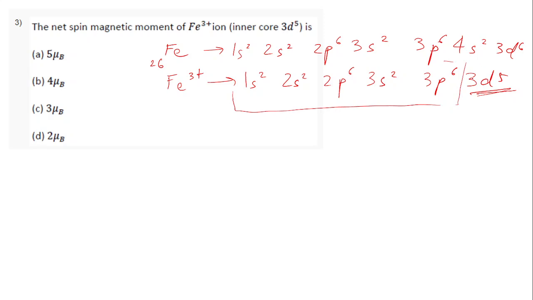All these are inner shell electrons, they are all paired. Only the 3d has unpaired electrons, and for calculating the net spin magnetic moment we need the number of unpaired electrons in that ion. So for Fe3+ 3d5, we know d has 5 orbitals.